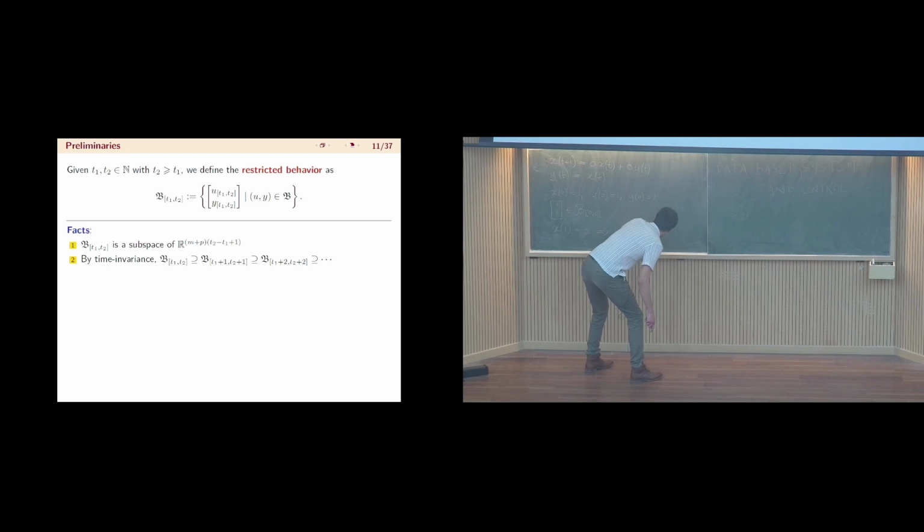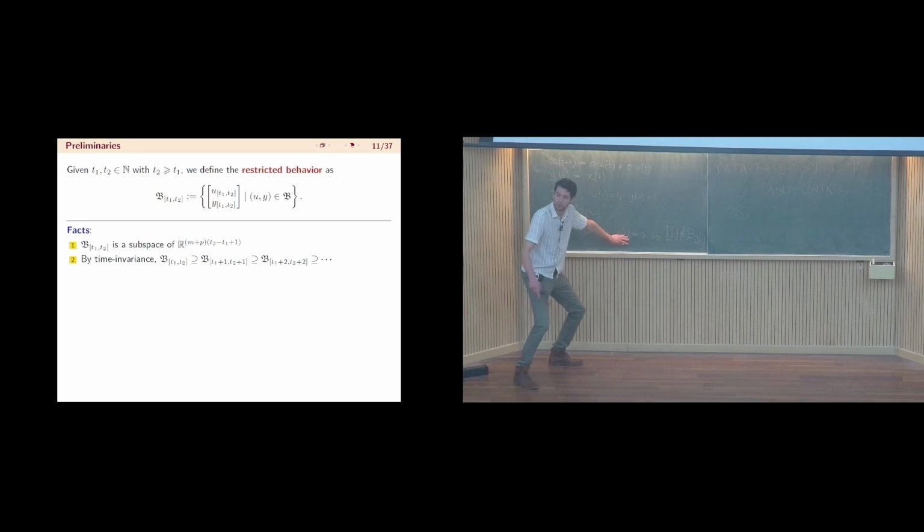But that then implies that (1, 1) cannot be in the restricted behavior on the time interval from 1 to 1. Right? Because at time 1, my output always needs to be 0. Well, the conclusion is that the other inequality here does not hold in general.